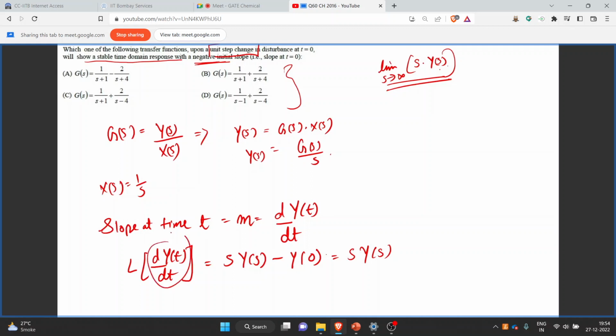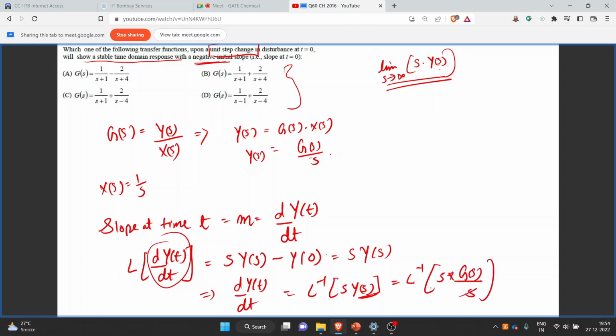Now since we have to find this term dy/dt, it will become dy(t)/dt equal to L inverse of sY(s). Now Y(s) we are having as G(s) upon s, so it will simply become s into G(s) upon s.